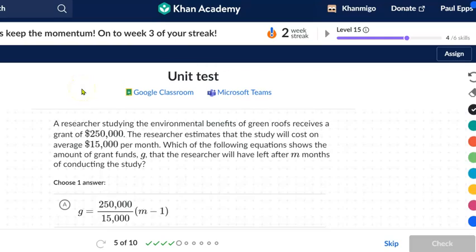A researcher studying the environmental benefits of green roofs receives a grant of $250,000. Wow. The researcher estimates that the study will cost on average $15,000 a month. Which of the following equations shows the amount of grant funds that the researcher will have left after M months of conducting the study?